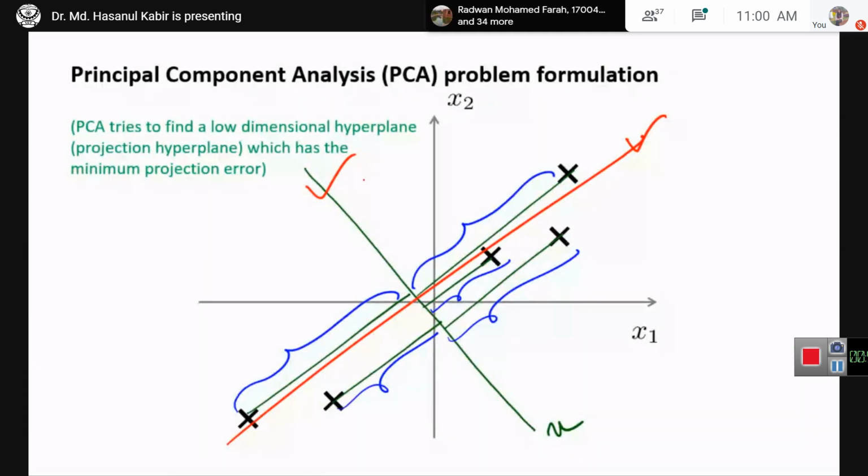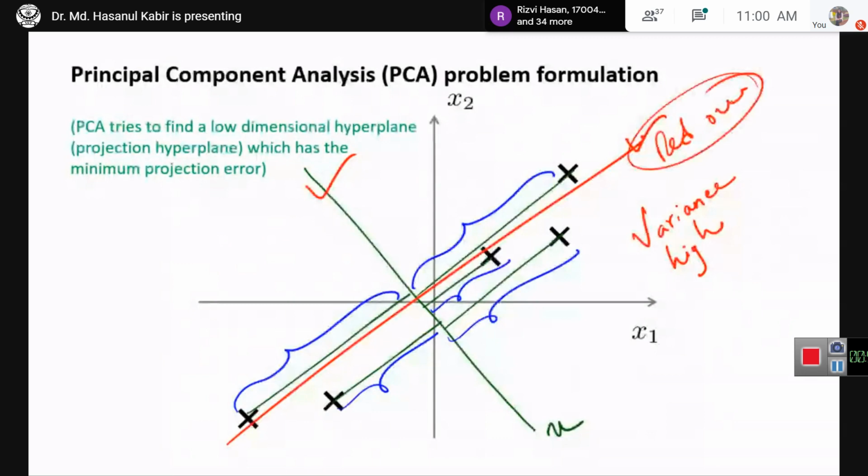I think the red one will give the lowest. The red one, right? Okay. In terms of variance, which one will give you high variance? Still the red one.